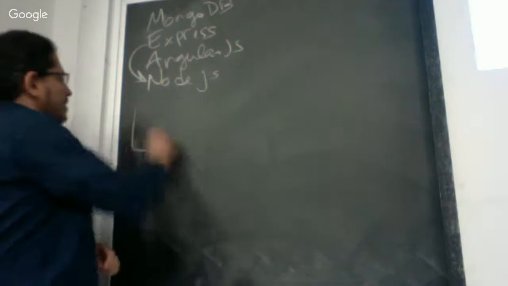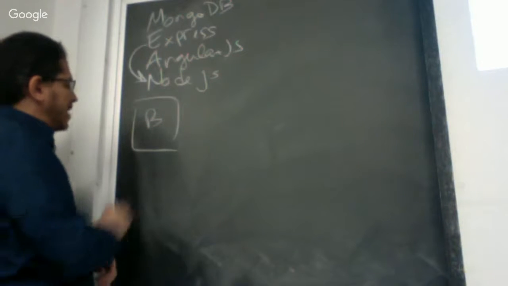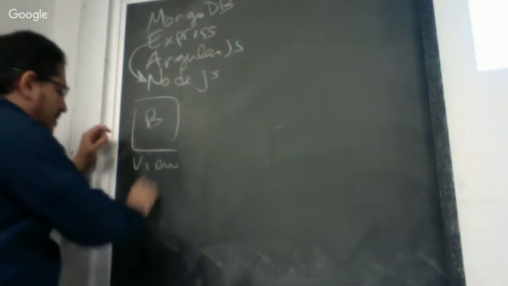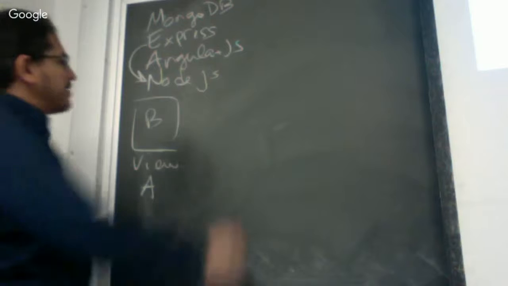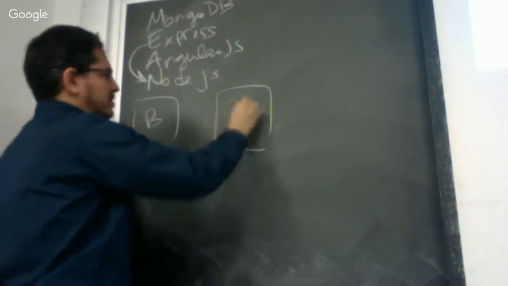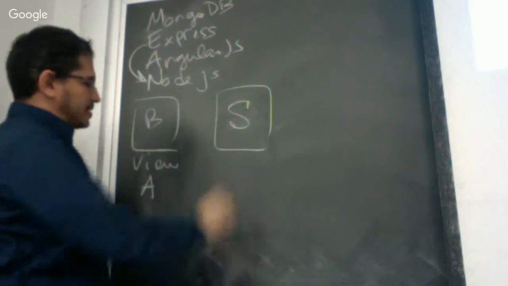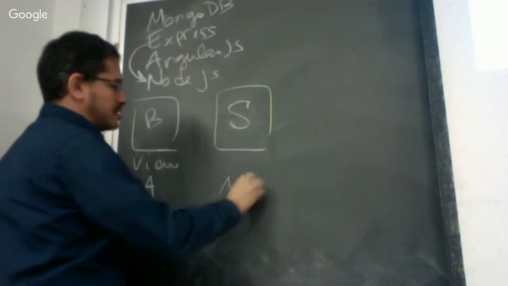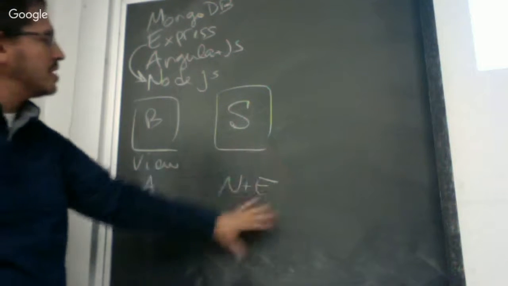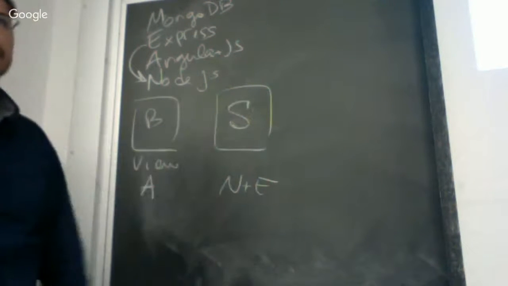Notice that we have the 3 basic building blocks of a web application. We have the front end browser, the view, which we're able to manipulate using the A, the Angular. We have the server in the middle, which is going to be our Node.js, the N plus the E. The Node.js and the Express library together are going to be used to build our server.